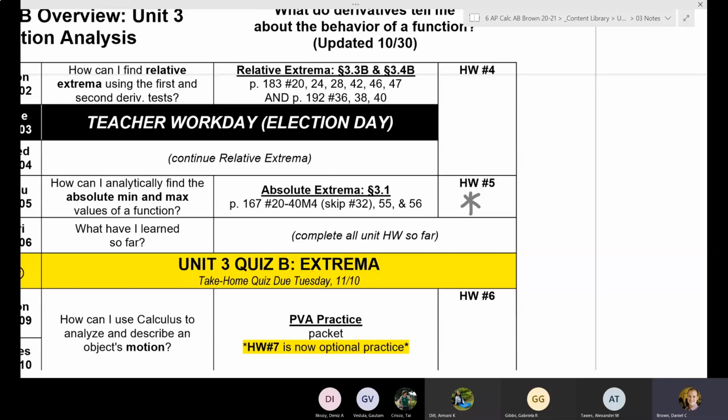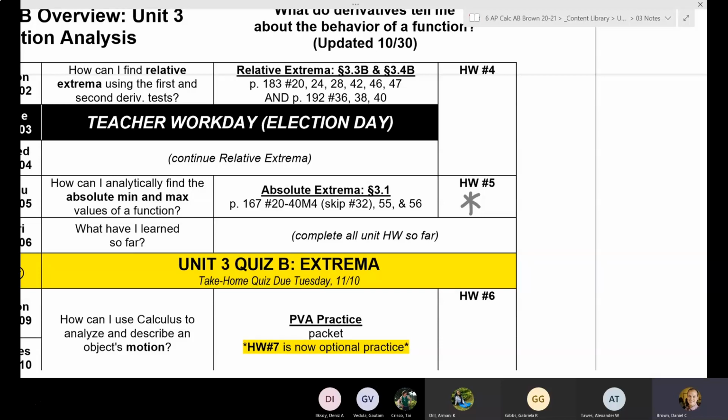Tomorrow will be a review day that I will use to pull all this together and make sure we can distinguish the differences between relative extrema and absolute extrema. And then as one of your 12 summative assessments, you're going to have a take-home quiz, just because I don't feel like taking up class time for it. That quiz will be available to you at the start of the period on Friday, and it will be due on Tuesday, which I have as November 10th, but I feel like Tuesday might be November 11th.